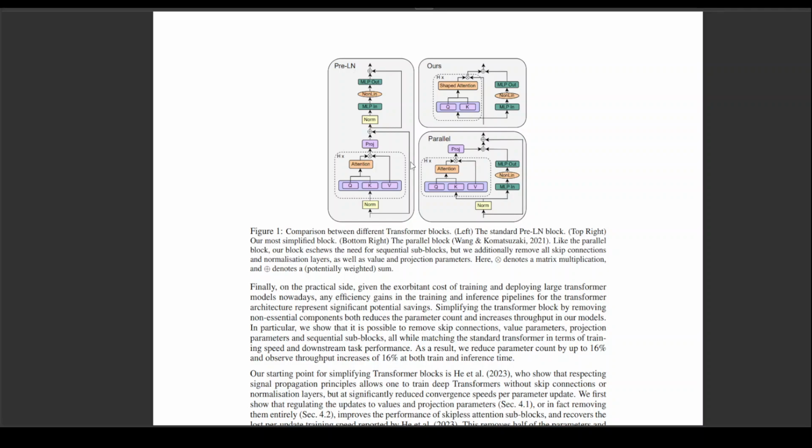That is where this research is really groundbreaking, because the researchers are now targeting the very basics of this architecture and trying to optimize it. As per the abstract in the paper, the researchers are studying whether the standard transformer block can be simplified, or more specifically, they have probed the necessity of several block components, including skip connection, projection value matrices, sequential subblocks, and normalization layers.